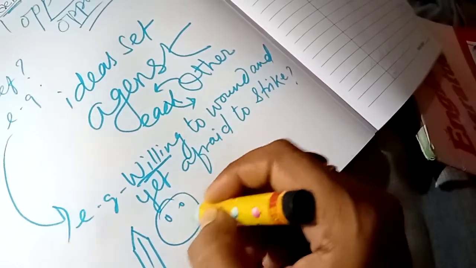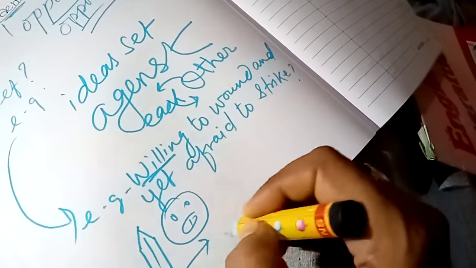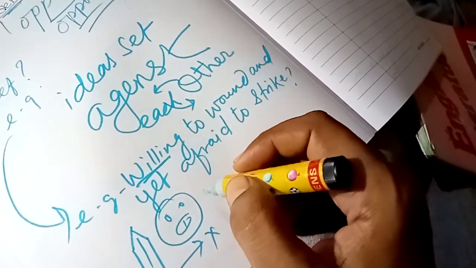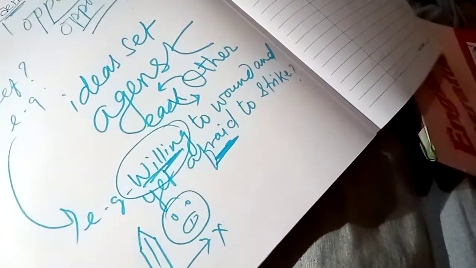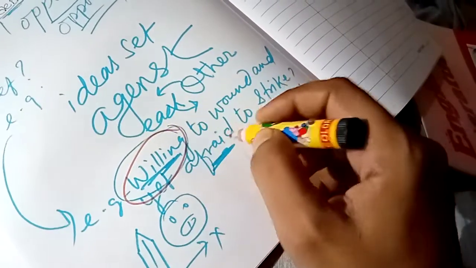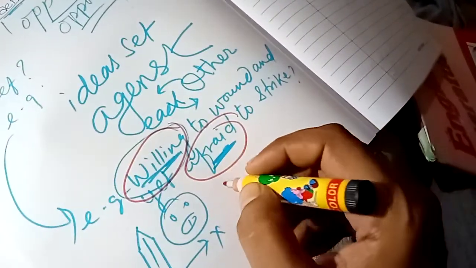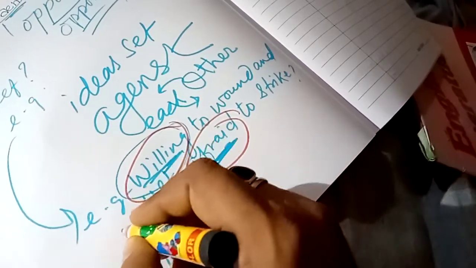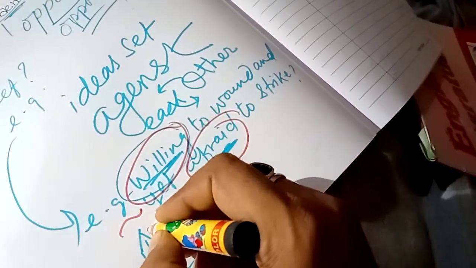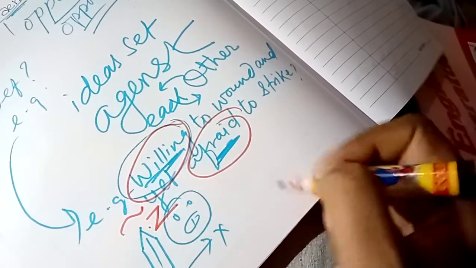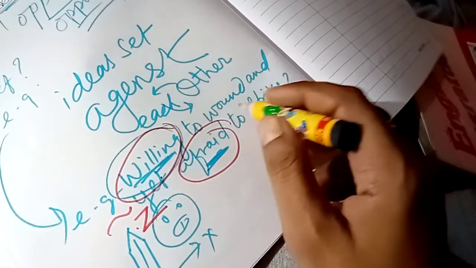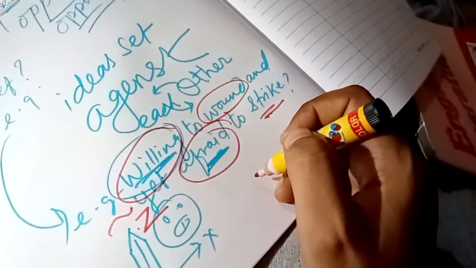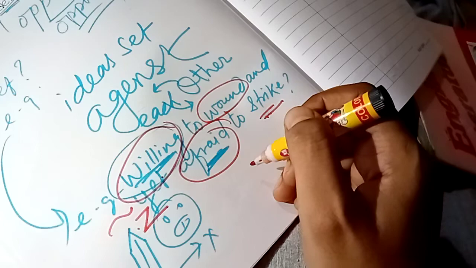You want to kill someone, but you are afraid. Willing and afraid. So this is one sense and this is another sense. Opposition. When you are willing to kill someone, you will have to strike. And if you can't strike, then how will you wound anyone? So the statement shows opposition.